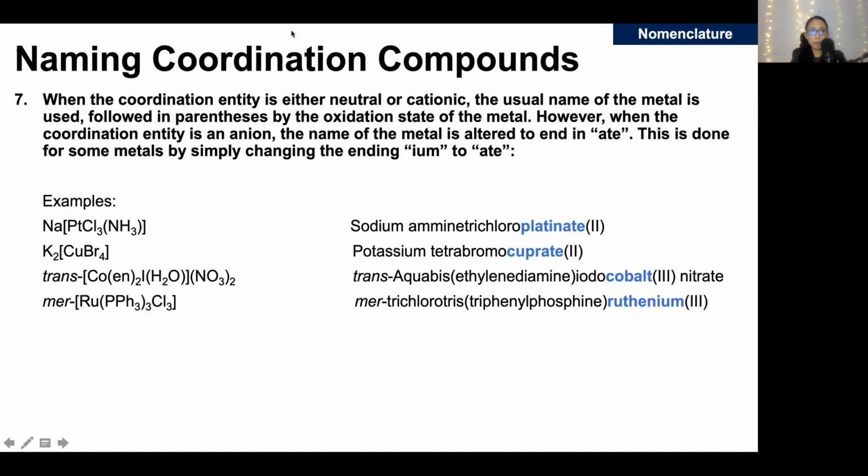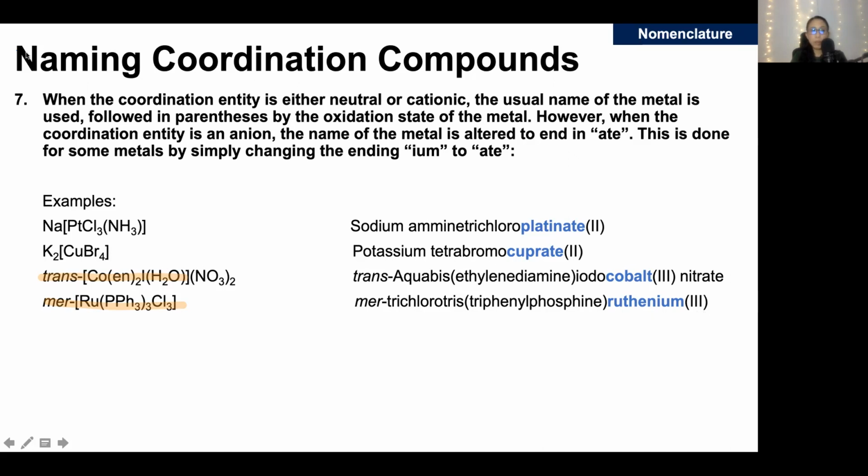So for example, in this third example, the cation is a complex, right? So you see here, the name of the metal is simply cobalt, followed by its oxidation state. And in the fourth example, you have a neutral complex, so you simply write ruthenium, followed by its oxidation state.